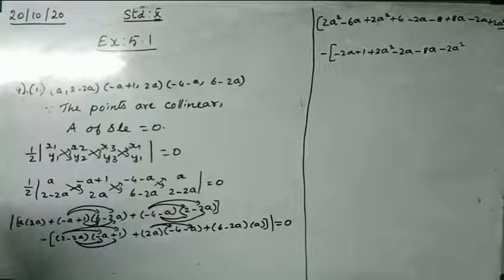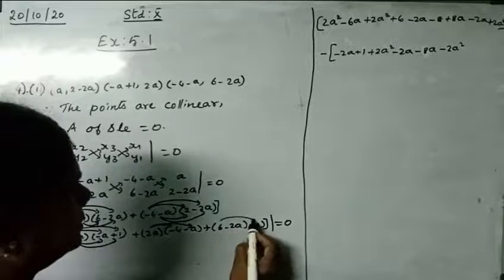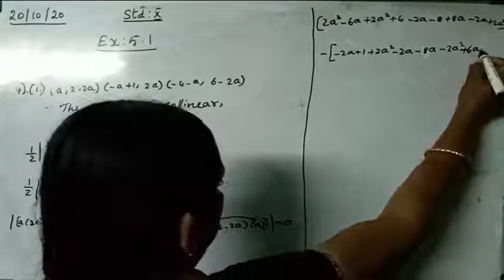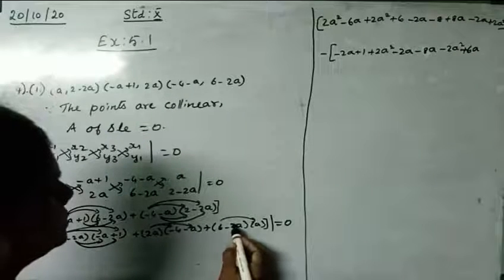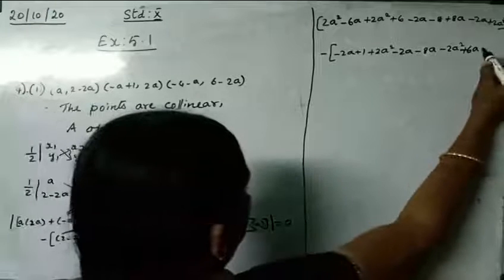Minus a into plus 2a is minus 2a square, that's all. And then 6 into a is plus 6a. Minus 2a into a is minus 2a square.